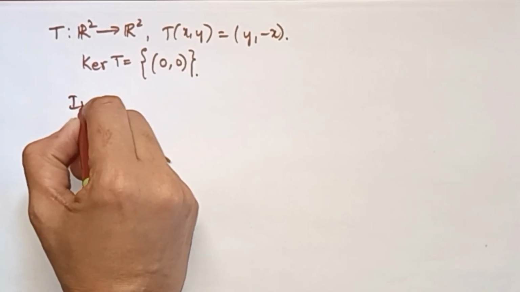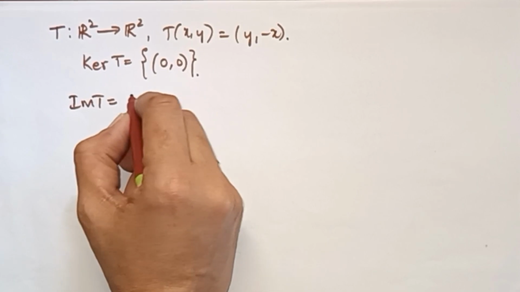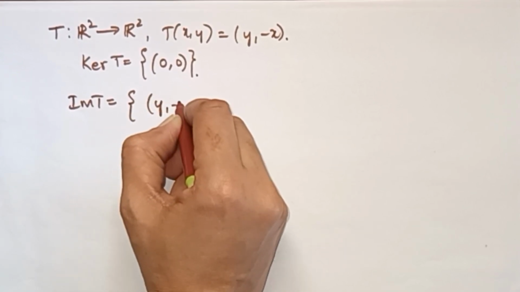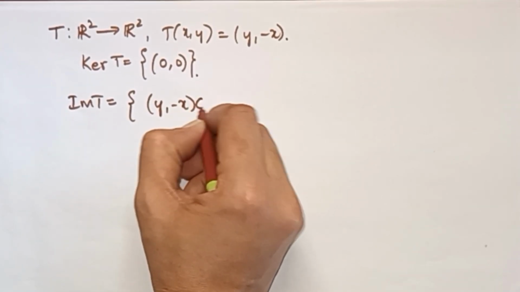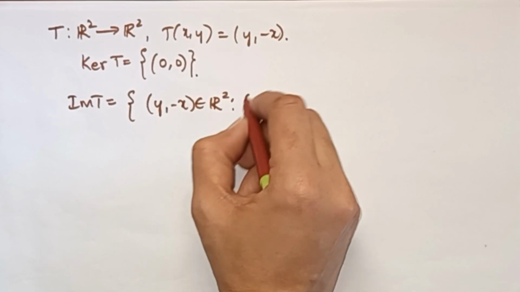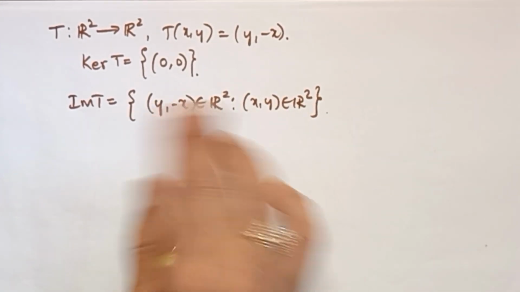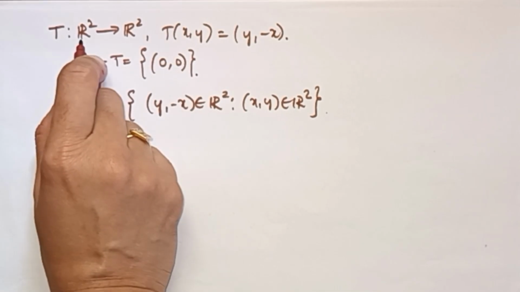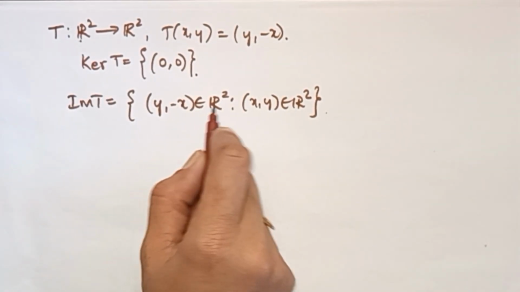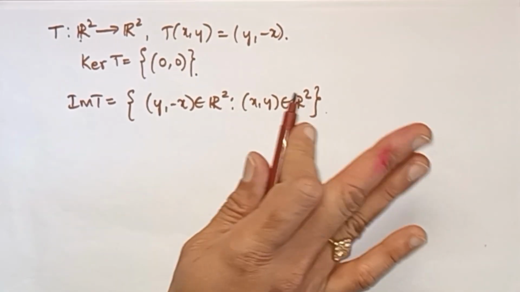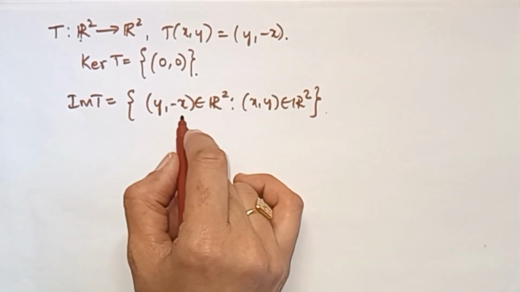And image of T, you know, has all vectors of the form (y, minus x) belonging to R square, such that (x, y) belongs to R square. There exists (x, y) in the domain for which T of (x, y) equals (y, minus x). So this is how the image is.